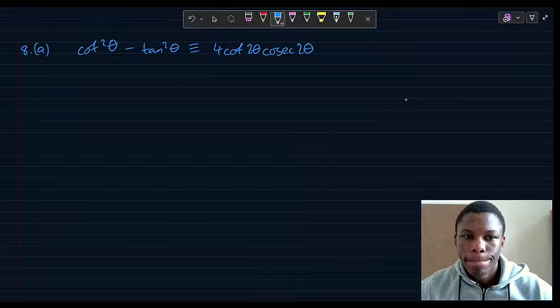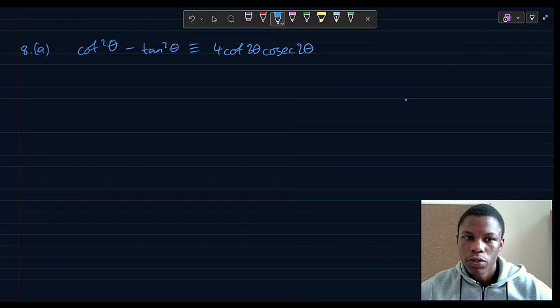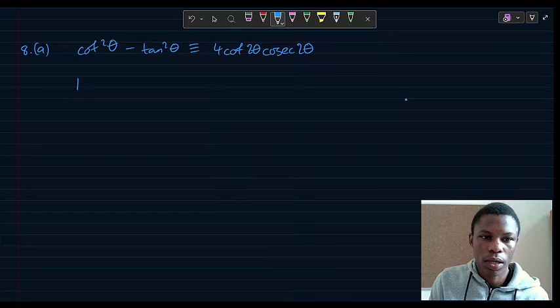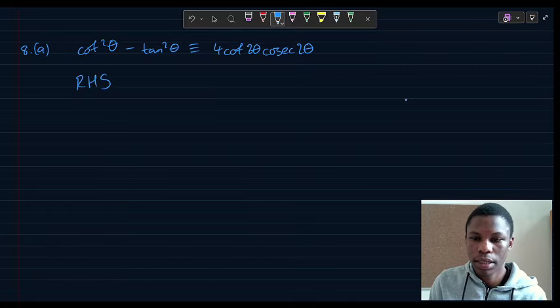I think let's move from right to left, because it seems like there's a lot we can do with the right hand side.